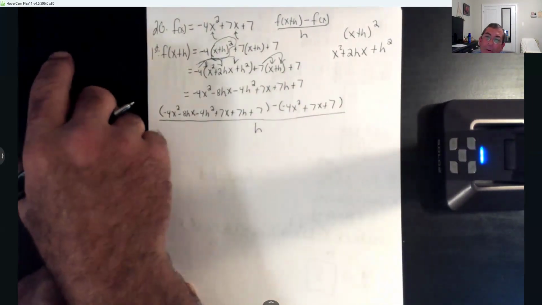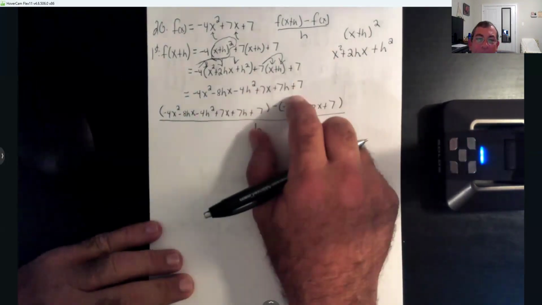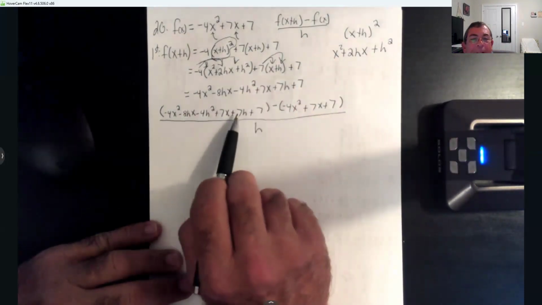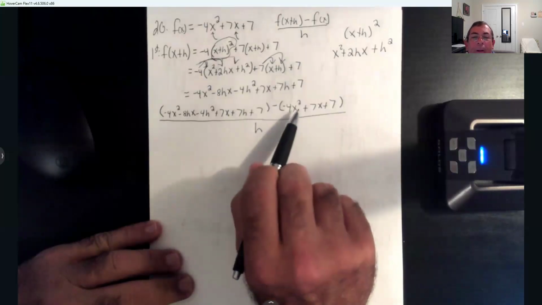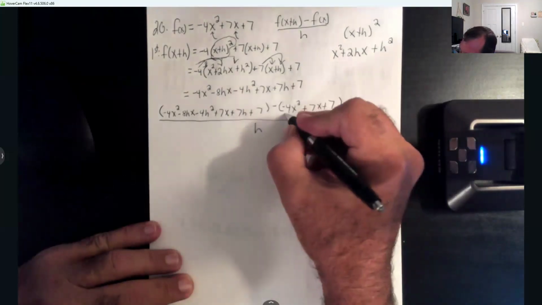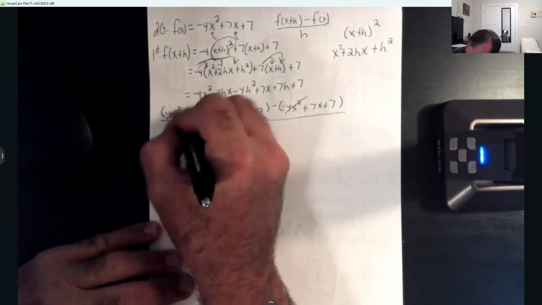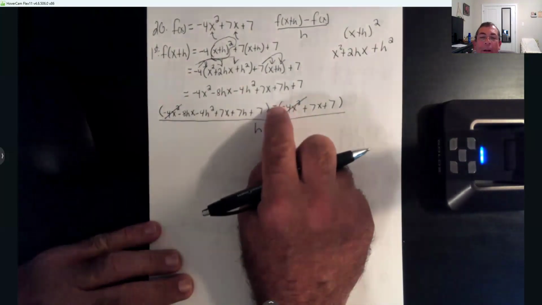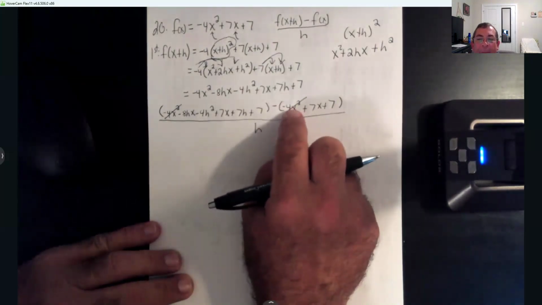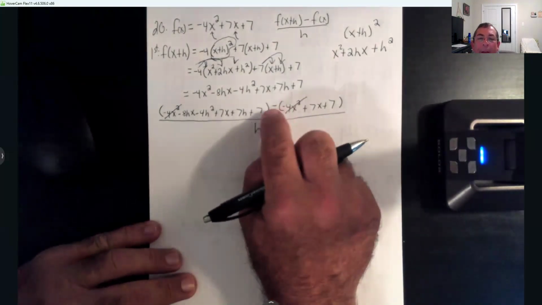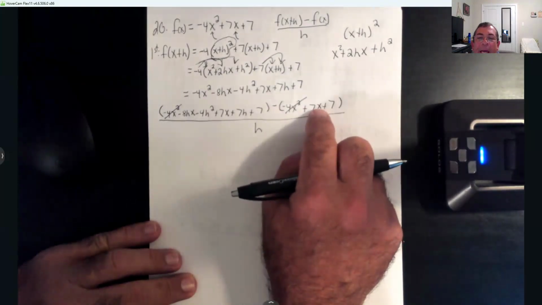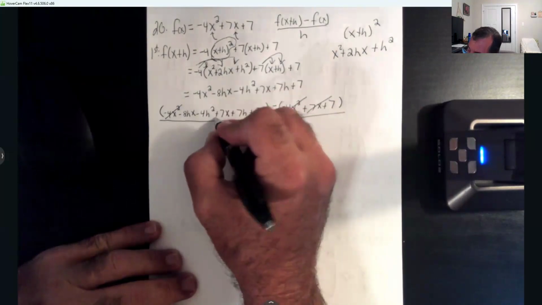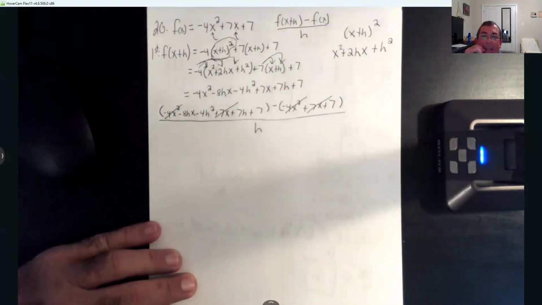Now, I'll show you what I do on these ones. Since it's longer, and I know everything that does not have an h is going to cancel. So this negative 4x squared here cancels with that negative 4x squared, because that's really a positive 4x squared. Negative and negative make that a positive 4x squared. This negative times this 7 makes that a negative 7x, which cancels with the 7x.